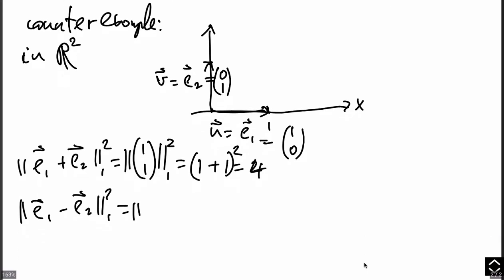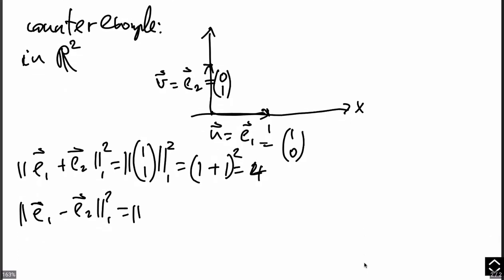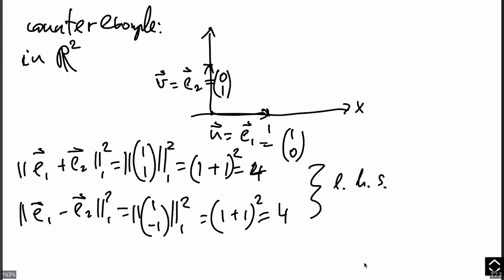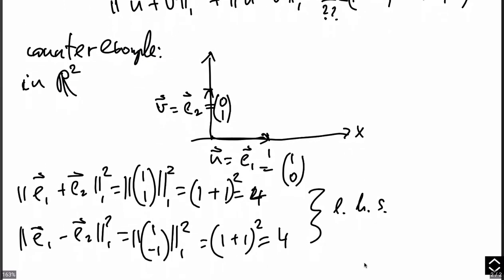Then the difference, E1 minus E2, is (1, -1). We take the absolute value, so we get again 1 plus 1, squared, which is 4. That means the left-hand side of the parallelogram identity is 4 plus 4, which is 8.